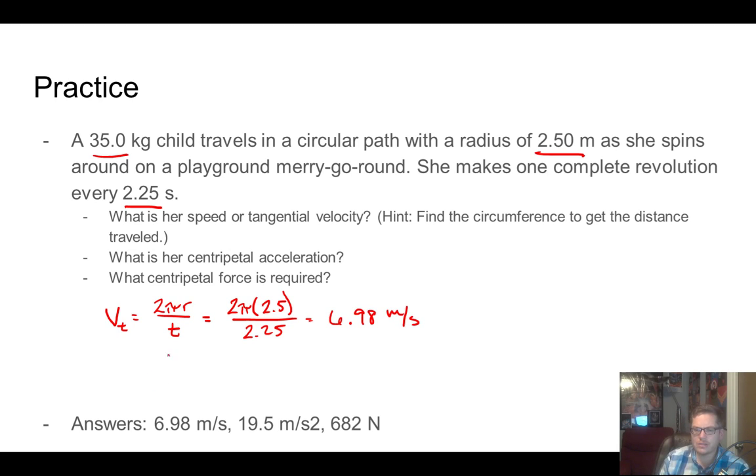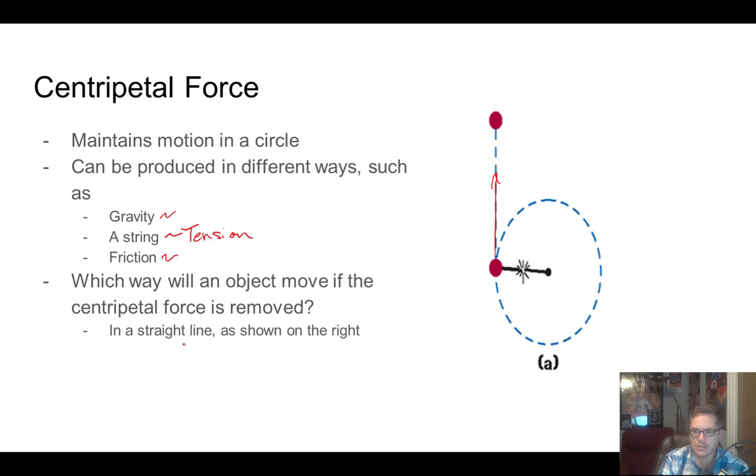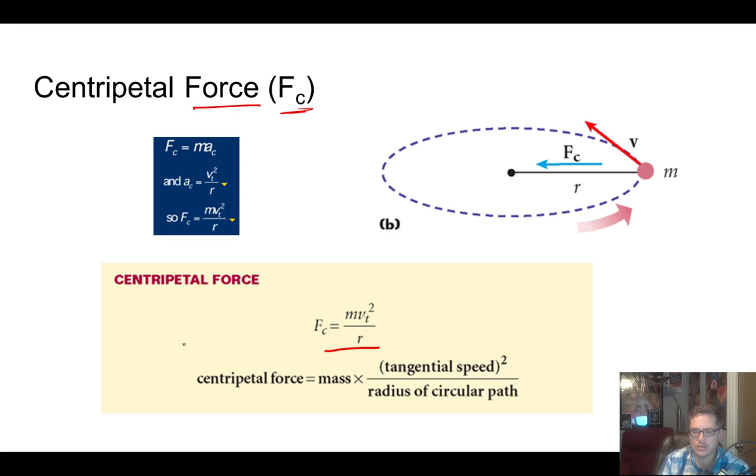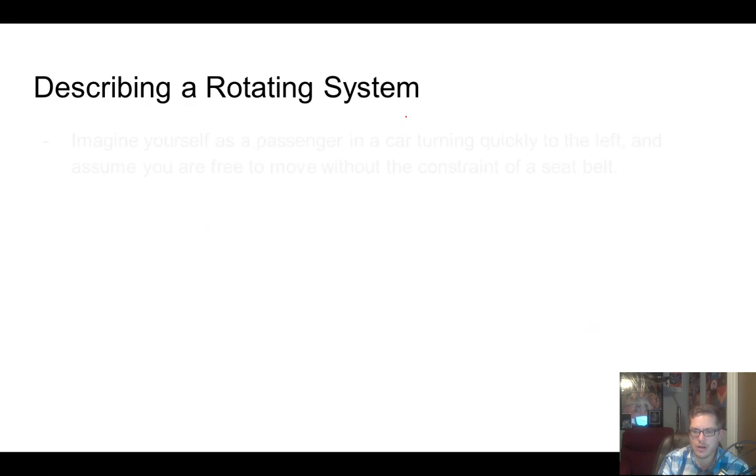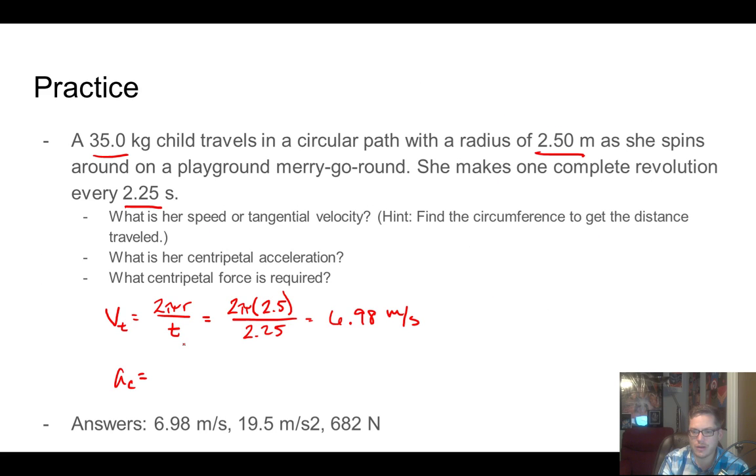Now we want the centripetal acceleration. Let's just double check here; I'd hate to do it wrong. Centripetal acceleration is v_t squared over r. I knew it. So we take the v_t we just found, 6.98 meters per second, square it, and divide by the radius, which is 2.5 meters.